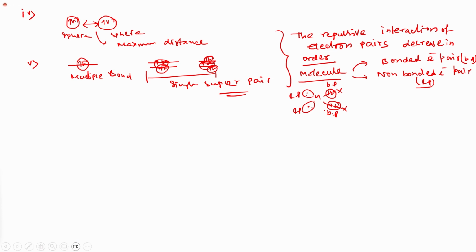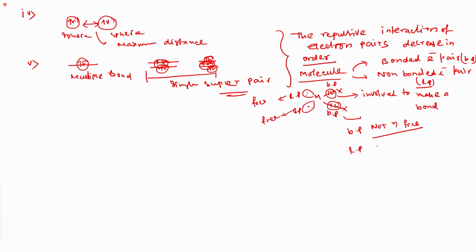See carefully, this lone pair is free. But these bonded electron pairs are involved in making a bond. Similarly here also. So bonded electron pairs are not free, but lone pairs are free.